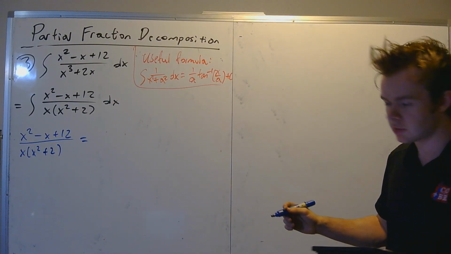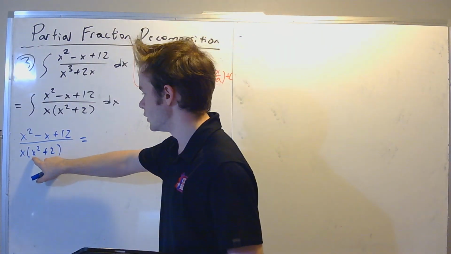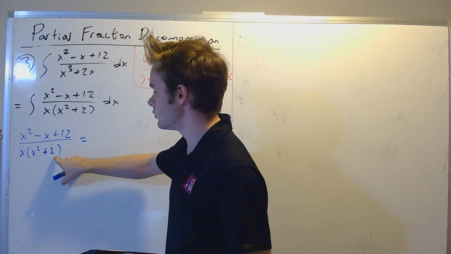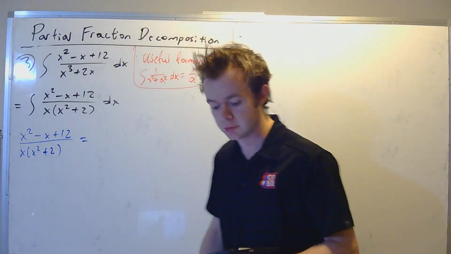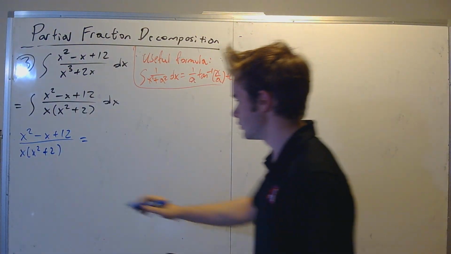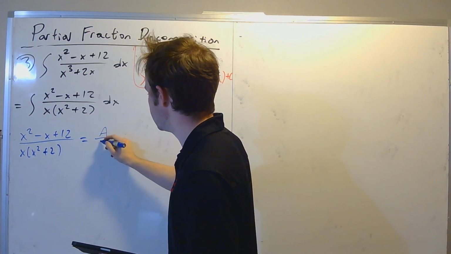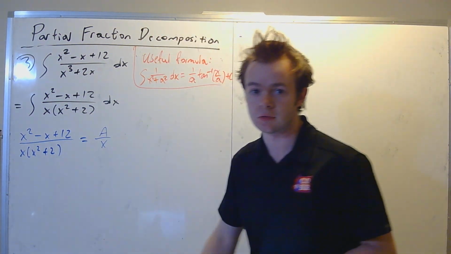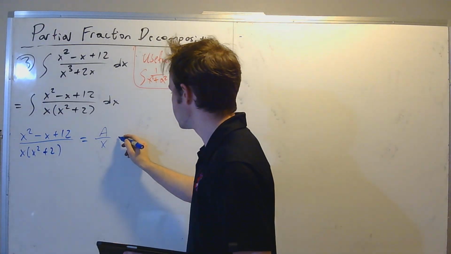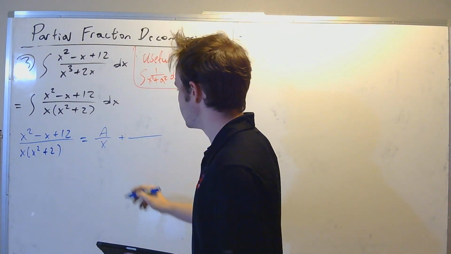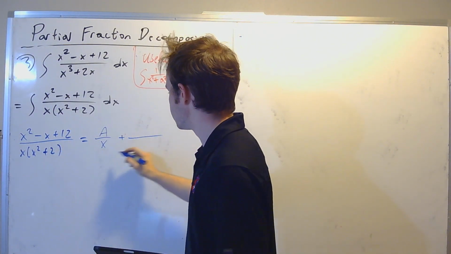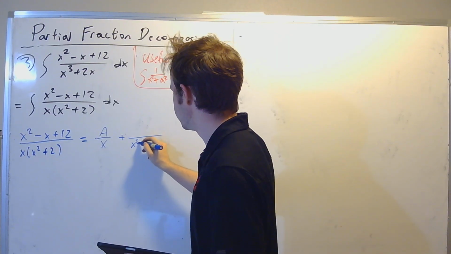But whenever you have a quadratic that cannot be reduced, you're going to have to do something a little bit different. The first term is the same as we've been doing: a over the first factor x, plus now we write our fraction with the second factor of the denominator.